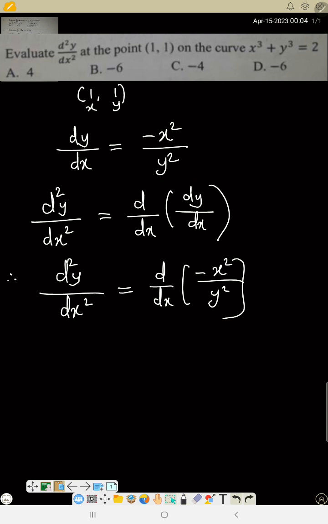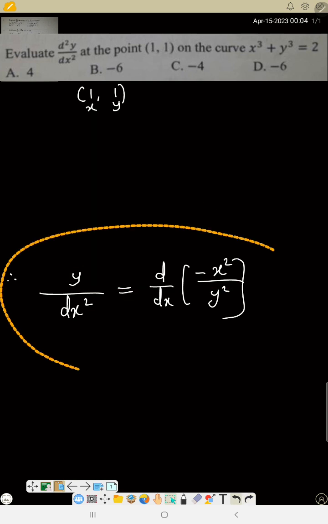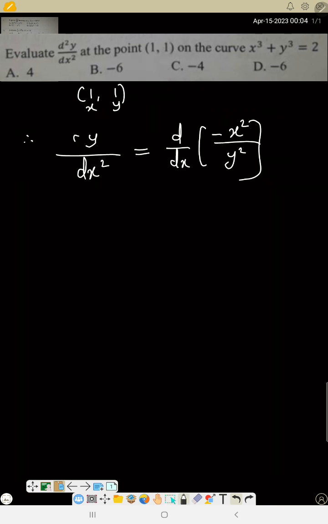So now we need to do this now. So this is quotient rule here. So see the formula for quotient rule: v du over ds minus u dv over ds, everything over v squared.